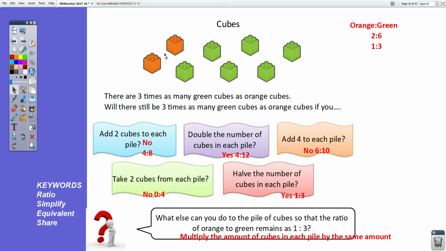You could multiply these by 4 and these by 4, or these by 9 and these by 9. So long as you multiply the number of orange cubes and the number of green cubes by the same amount, the number of green cubes will always be 3 times the number of orange cubes. Moving on.